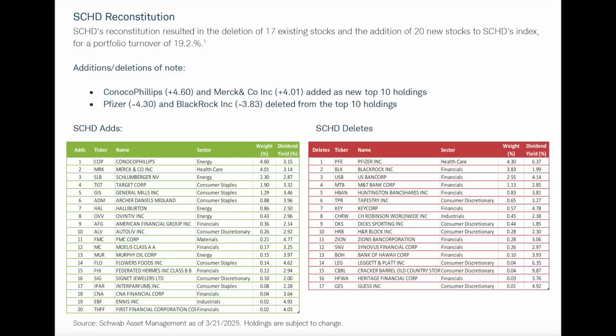In terms of deletes, I think the really notable ones are Pfizer, BlackRock, US Bancorp, and in particular, what I would point out is financials were really deleted from the portfolio this time around. What I saw when I looked overall: energy sector went way up, financials went down a bit, and it looks like consumer stocks are kind of strong as well.